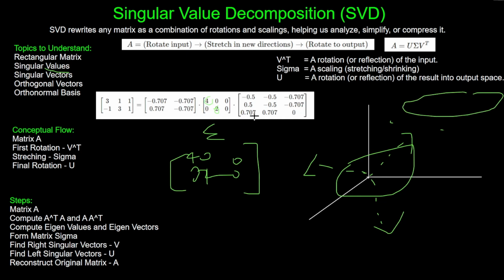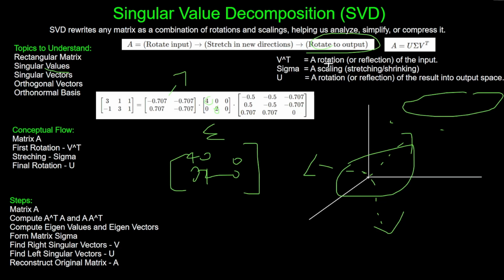So after that is done, we go to the next step, which is rotation or reflection of the result into the output space. This is done by this component U, this matrix. It has the left singular vectors. So what it does is it rotates the 2D to the output space of the 2D ellipse.